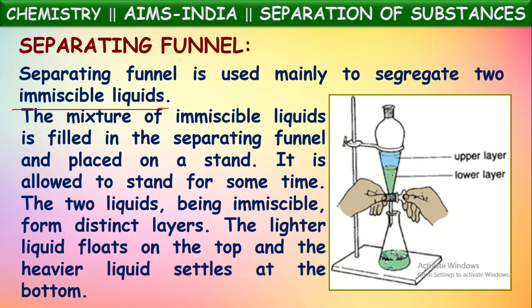Then slowly the lower layer of the mixture will come into this conical flask. And when this layer reaches the neck, immediately we close the tap. One layer will be collected into the conical flask, and the upper layer liquid will remain in the separating funnel. In this way, we can separate two immiscible liquids by using the separating funnel.